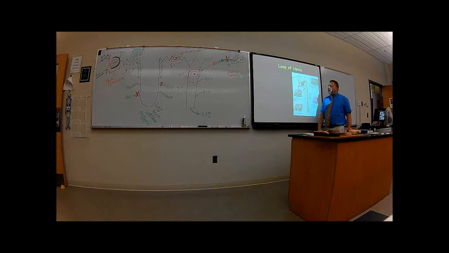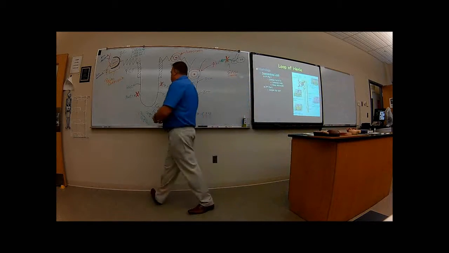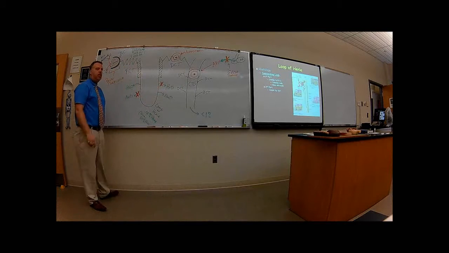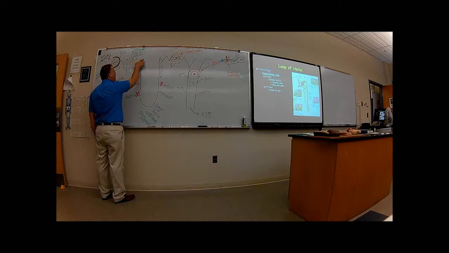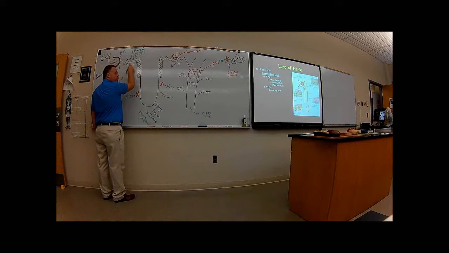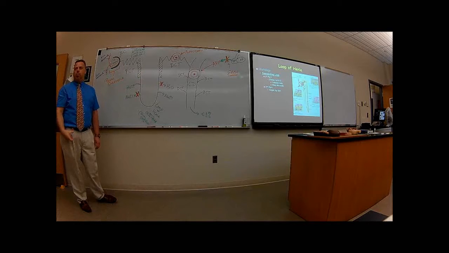The loop of Henle, there's different parts to it. Basically, the descending part has a thick part here, which looks exactly like the PCT, except it's not convoluted, it's straight. So you're going to have simple cuboidal cells over here, simple cuboidal over here. It's just straight though.